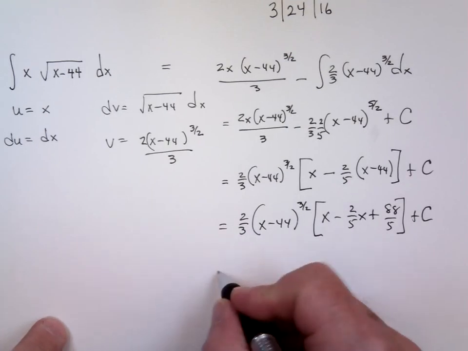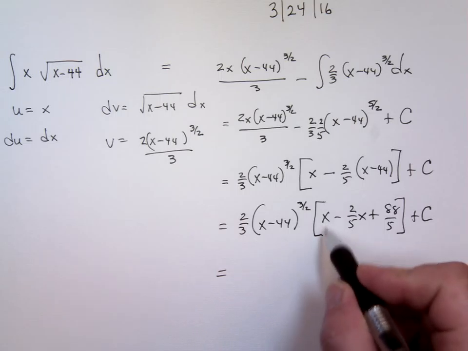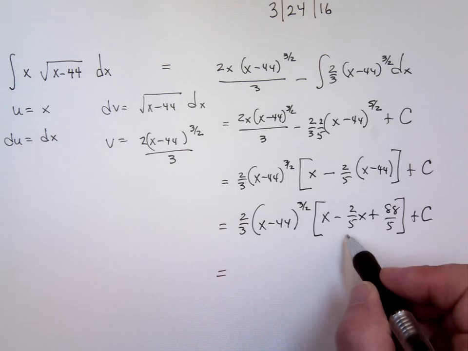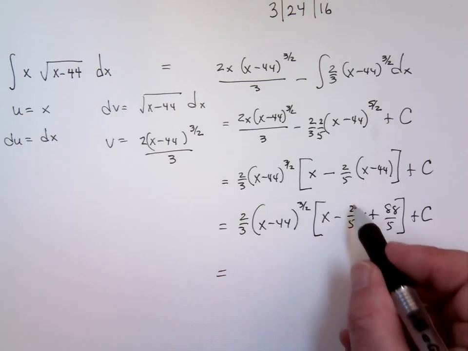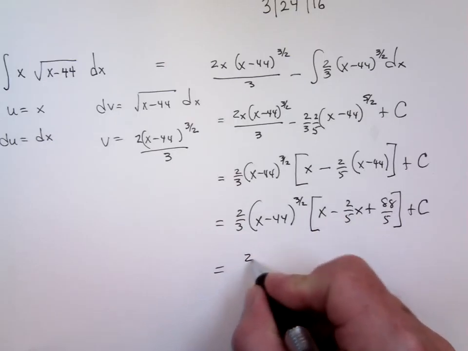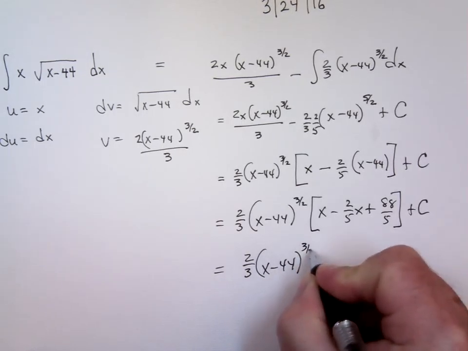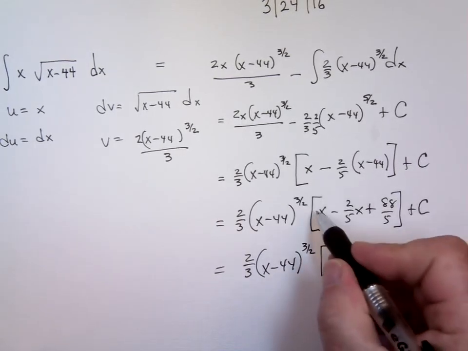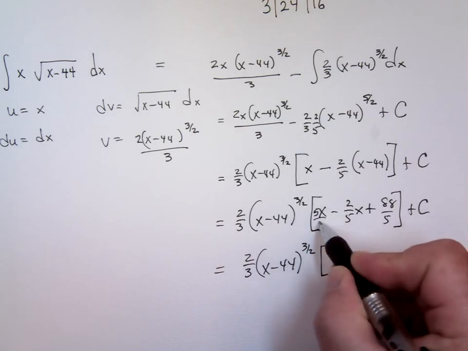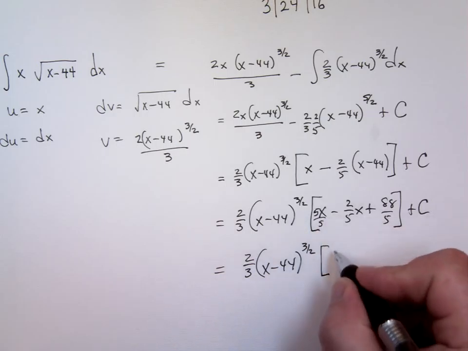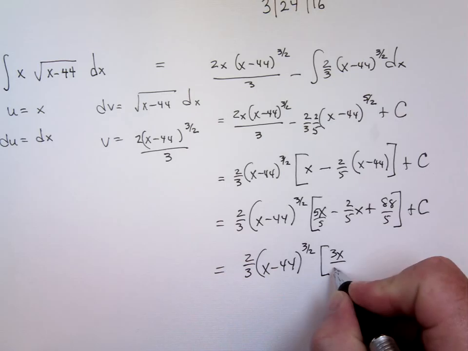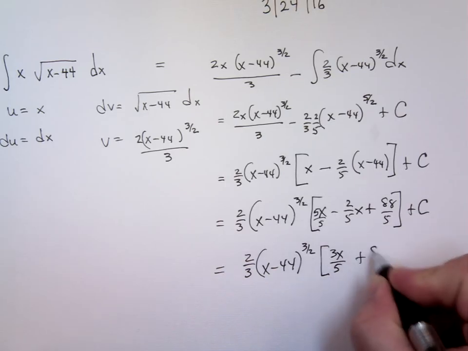I don't know what else you want to do here. We can combine these two. Obviously, this is 5/5 minus 2/5, which is 3/5. So we get 2/3 x minus 44 to the 3/2 multiplied by 3x over 5 plus 88/5.